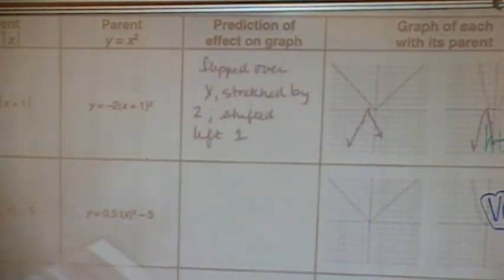Okay, next one. Before you write your prediction, I have a 0.5 in front. 0.5 is a number less than 1 but greater than 0.